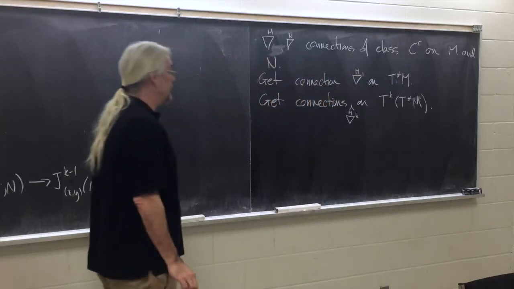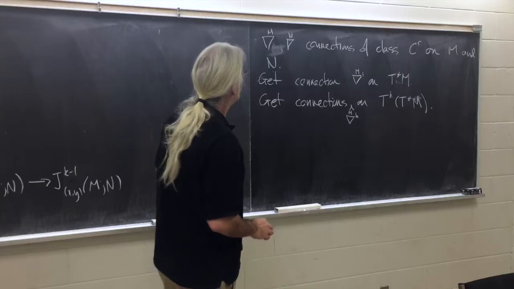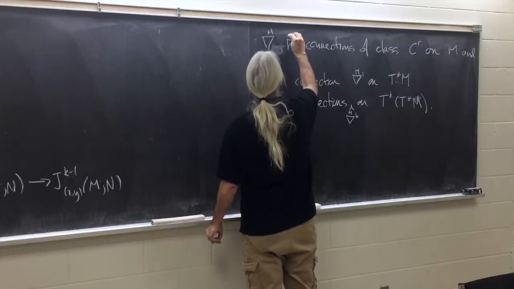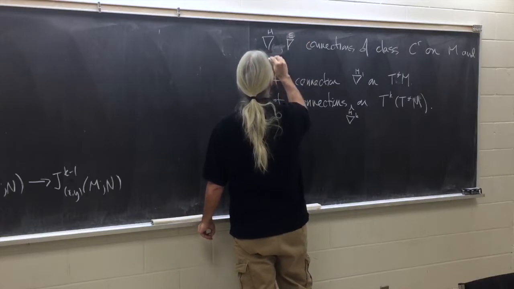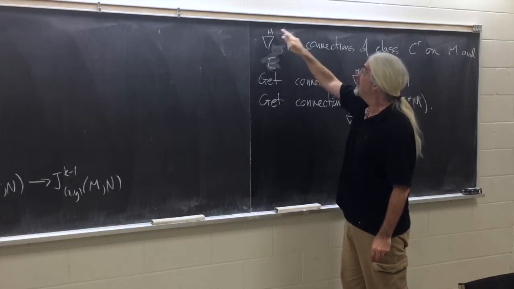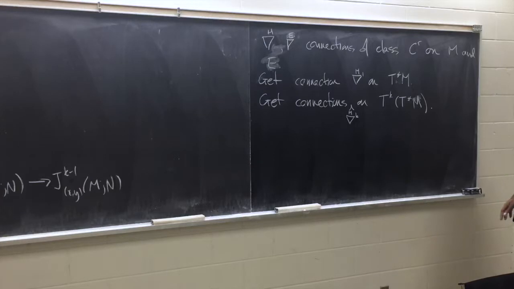So there's natural ways of doing this. Oh, sorry, I'm doing vector bundles, so I don't want this right now. What I want is this, sorry. So I have an affine connection on M, and then a vector bundle connection on E. We'll go to that other case in a second. So this is all still good.